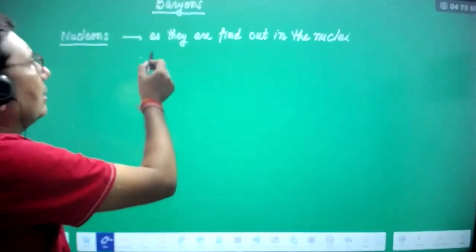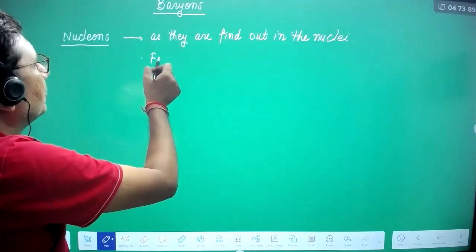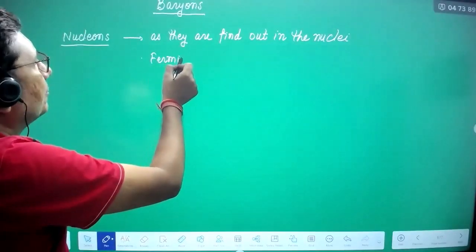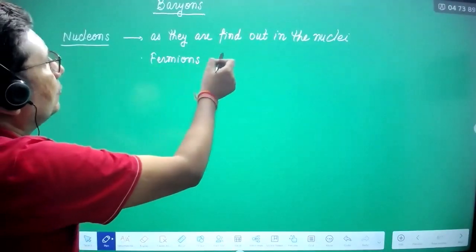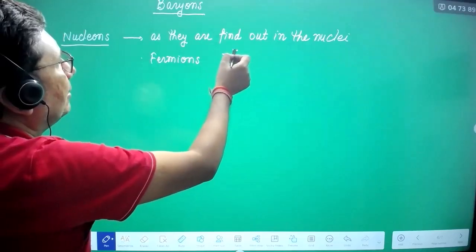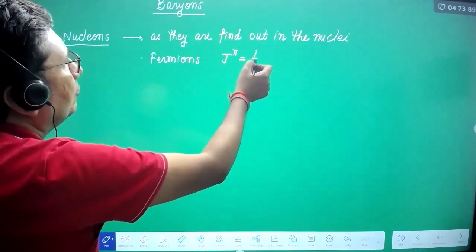Second, they are fermions. Why are they fermions? Because if you look at J pi, that is 1 by 2 plus.